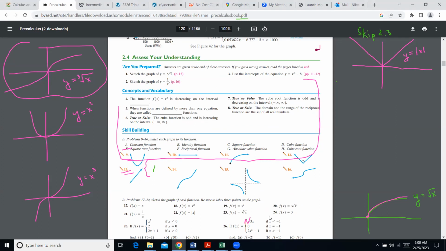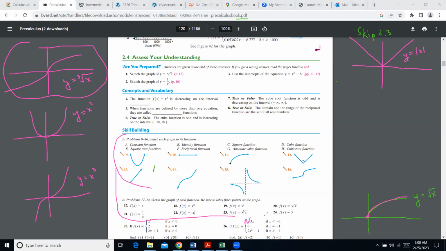And we only care about the so-called skill building exercises. For the homework, skill building exercises are good enough. And for this particular section, I want to just look at these problems in skill building.